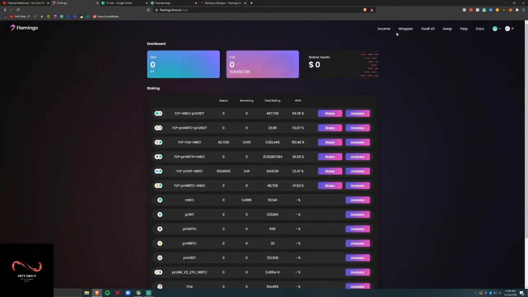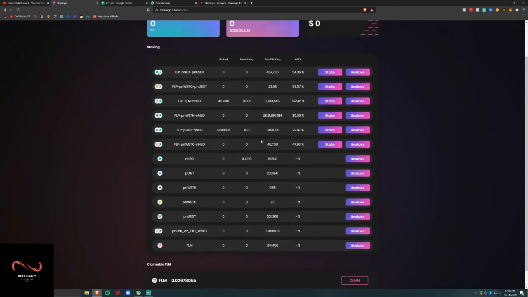Once you've staked your assets into the liquidity pool, you can turn around and go back to this vault and stake these. Now you're earning a yield in the form of FLM, which is a secondary incentive to provide liquidity and further help mitigate the impermanent loss that you will generate from holding these two divergent tokens.